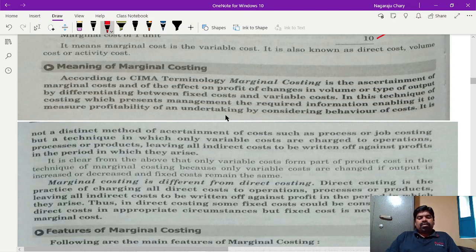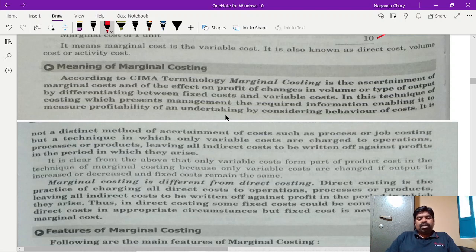It is not a distinct method of ascertainment of cost, such as process or job costing, but a technique in which only variable costs are charged to operations, processes or products, leaving all indirect costs to be written off against profits in the period in which they arise.